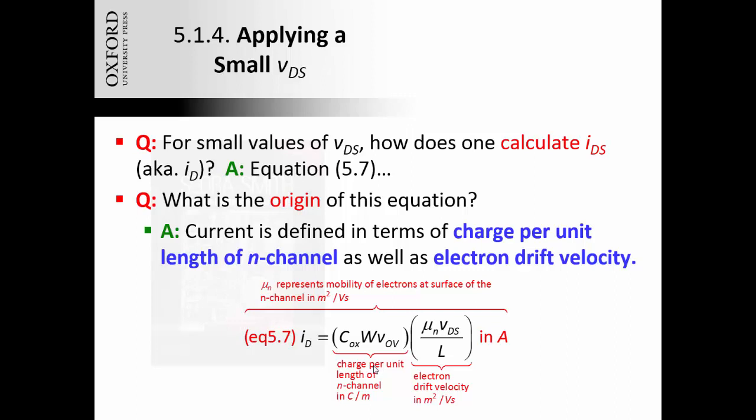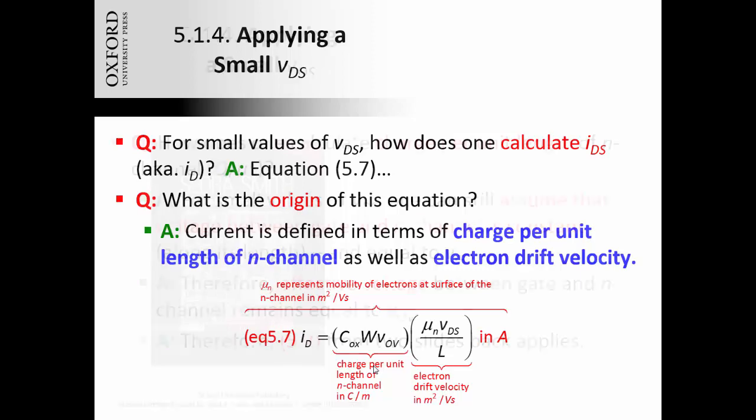But because of the small VDS approximation here, we're able to ignore that, and we can calculate the charge per unit length as being constant along the channel, because we're assuming this constant VOV along the channel. And that's okay for small VDS, and this is small VDS relative to the threshold voltage.